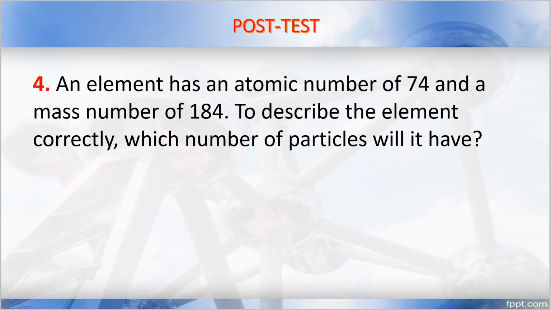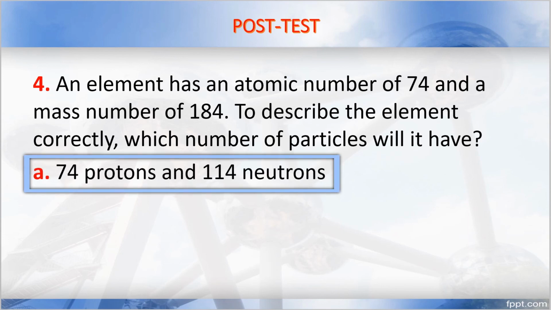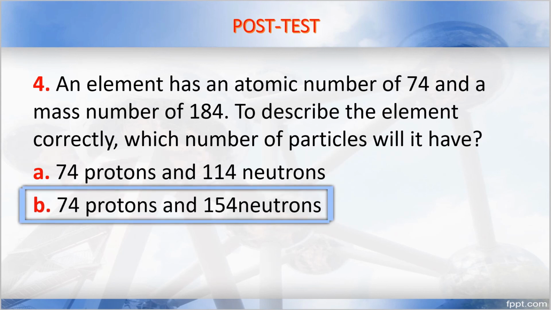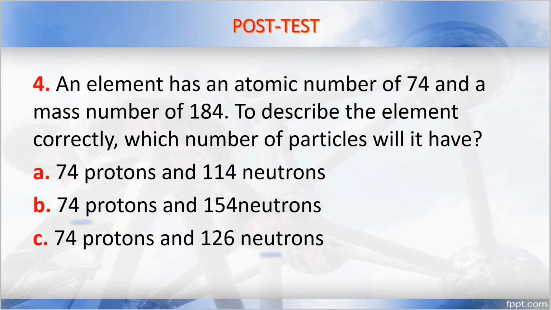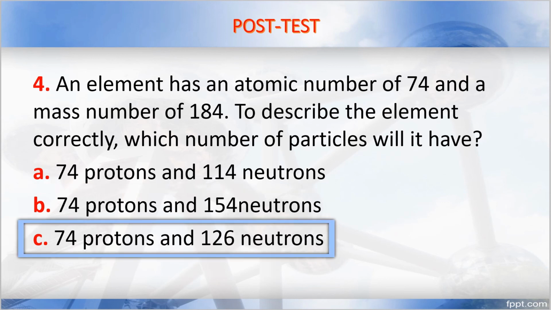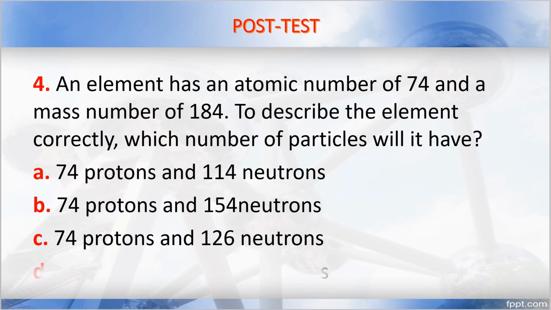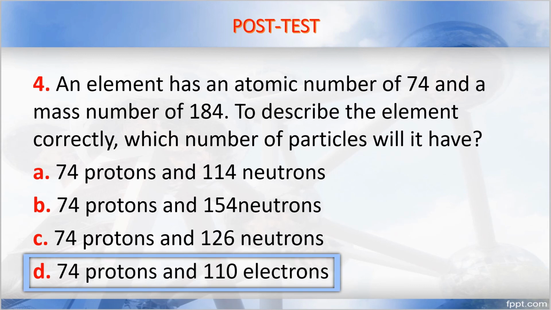An element has an atomic number of 74 and a mass number of 184. To describe the element correctly, which number of particles will it have? A. 74 protons and 114 neutrons. B. 74 protons and 154 neutrons. C. 74 protons and 126 neutrons. D. 74 protons and 110 electrons.